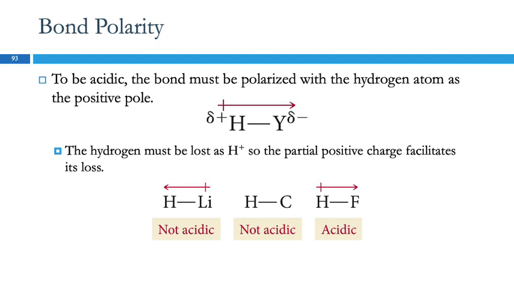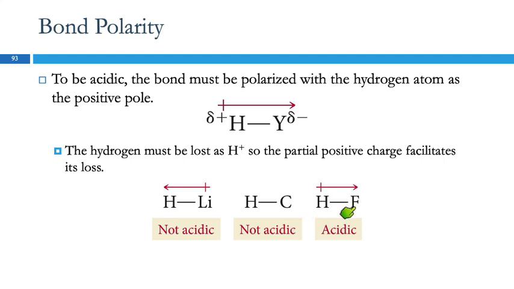Assume that it is polar. And the one exception that I asked you to remember was hydrogen and carbon, because this comes up so much, it's so present in organic chemistry. The hydrogen-carbon bond is nonpolar because the difference in electronegativity is only 0.4. So because this is a nonpolar bond, a carbon-hydrogen bond is not acidic.